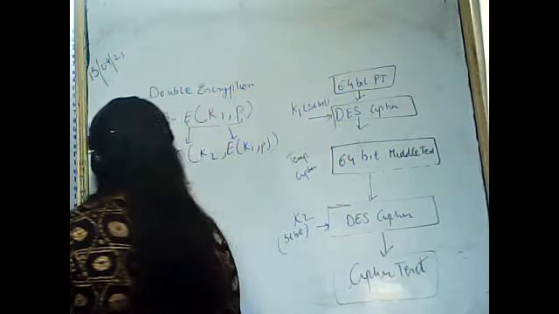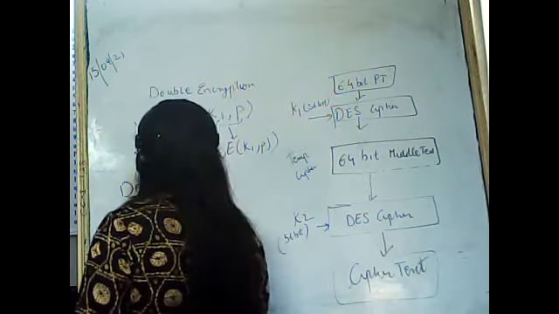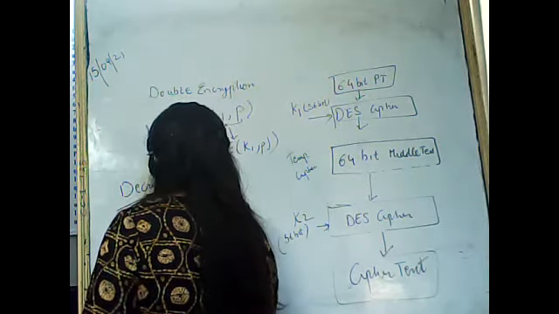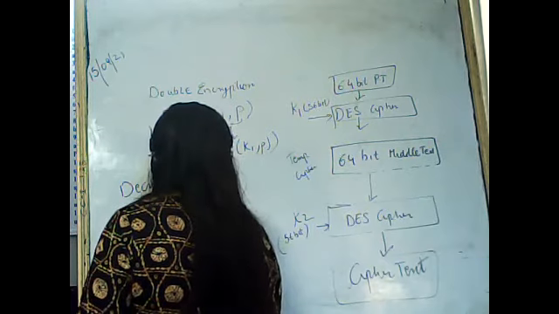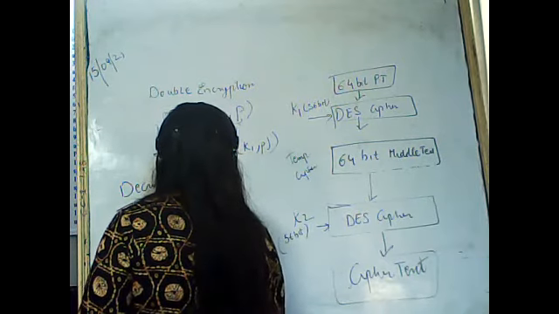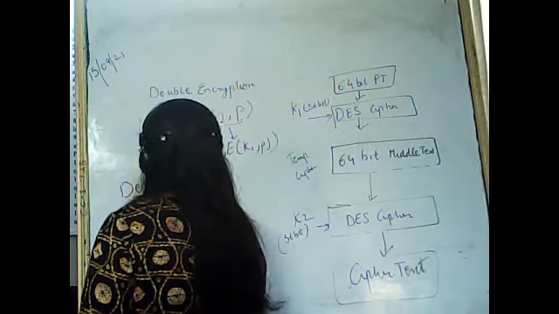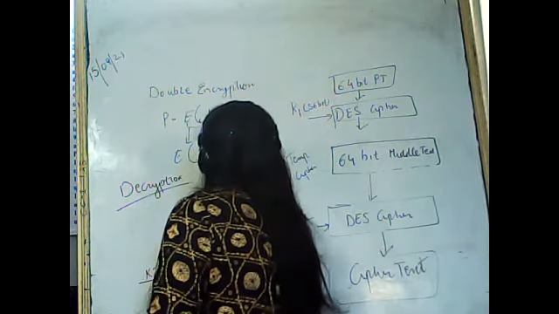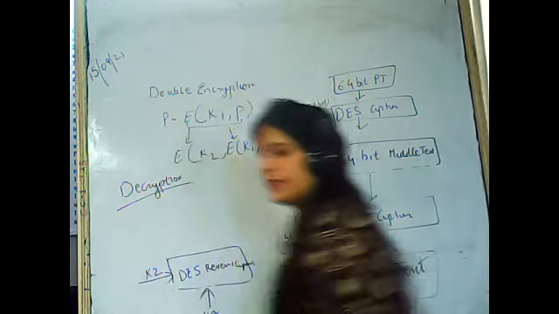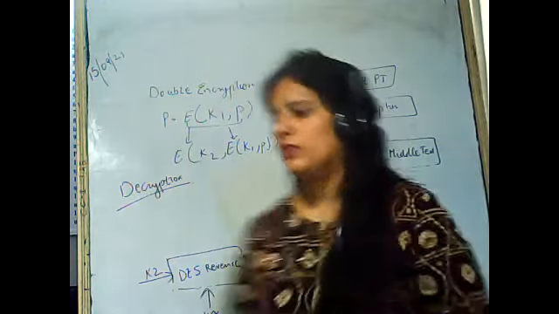In this part, we first have the DES reverse cipher. We will apply all those algorithms in reverse. Here we have K2. First of all, we have the cipher in the decryption portion.